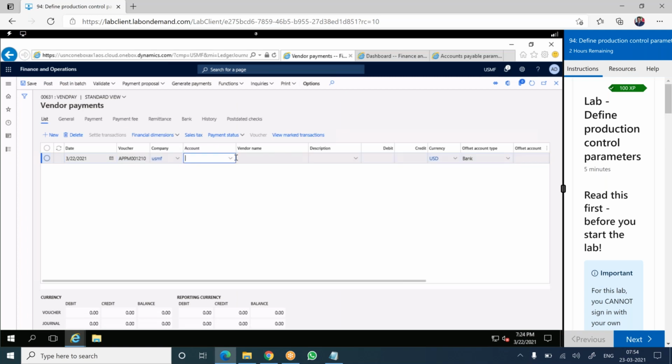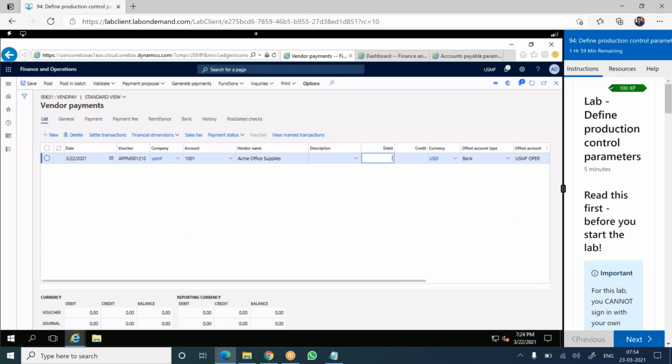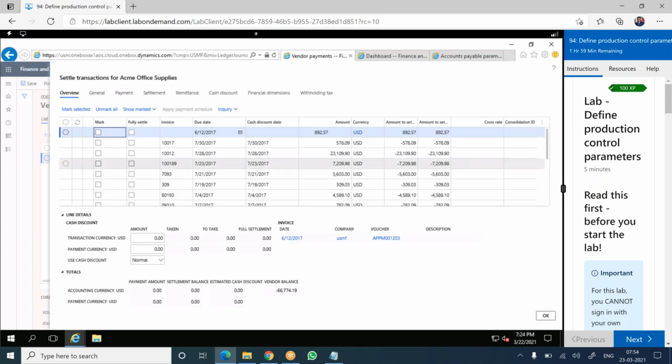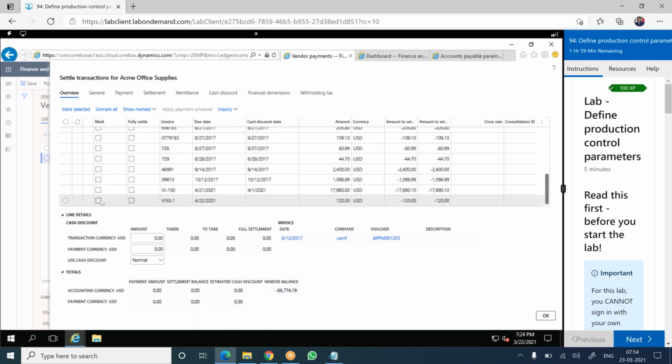Select the vendor account 1001. Click tab. Now you can enter the amount directly, or you can click on settle transactions. You can select already invoiced transactions, which we have posted just now, a short time ago.